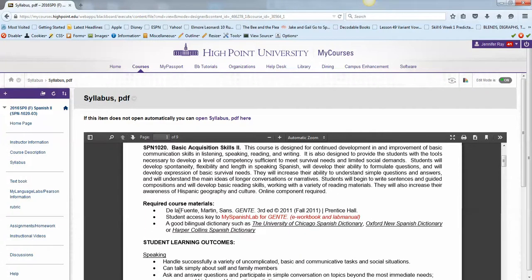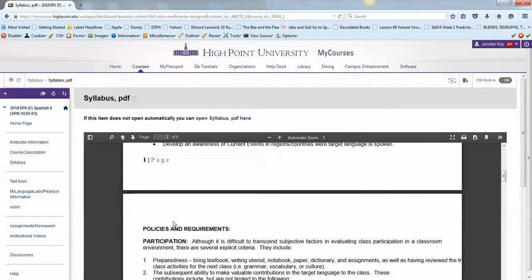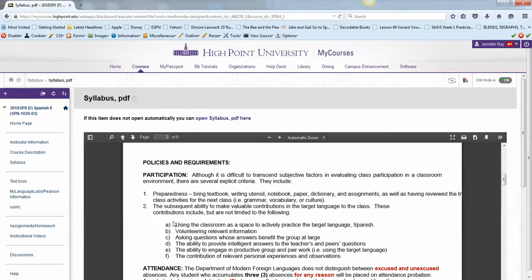This tells you what's required for the class, which would be the book, access to my language labs, and potentially a good bilingual Spanish dictionary. And this just tells you your learning outcomes, what you hope to get out of it, what we both hope for you to get out of the class, what you should be able to do in terms of speaking, listening, reading, writing, and culture. And then we have policies and requirements.